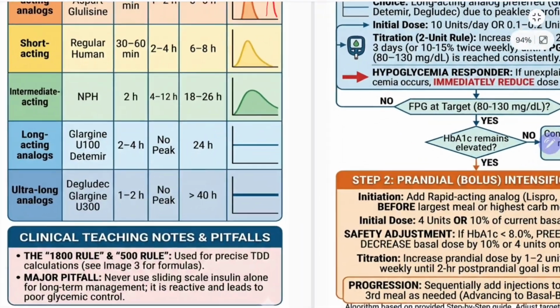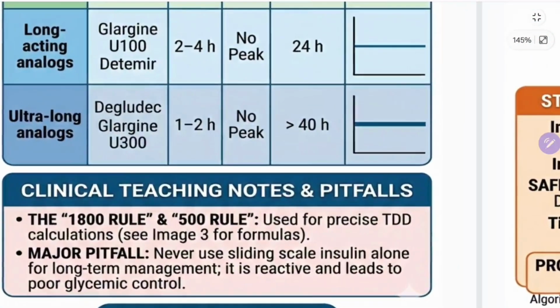There are two things to remember: something called the 1800 rule and something called the 500 rule. The 500 rule is used for calculation of CIR, the carbohydrate insulin ratio.